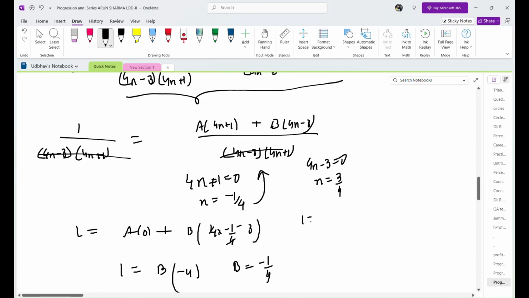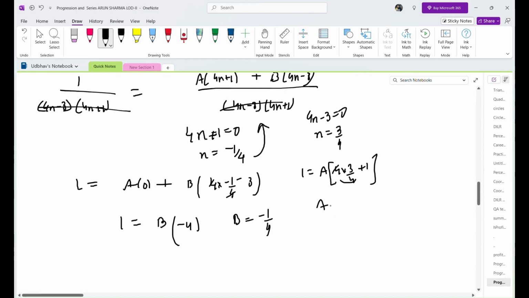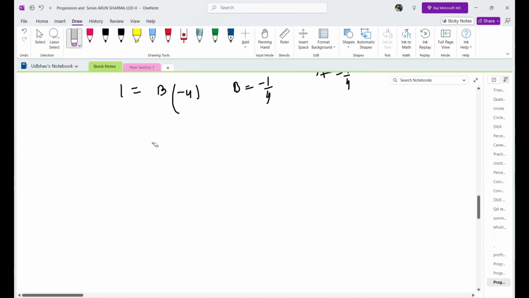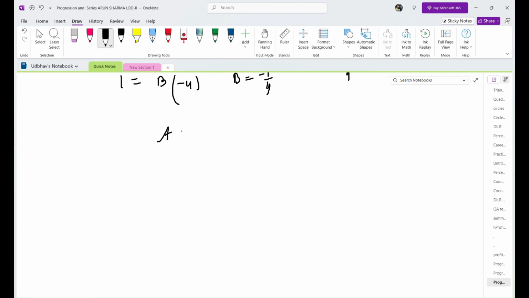So 1 equals to A into 4 into 3 upon 4 plus 1, A equals to 1 upon 4. Right? So what do we get? A equals to 1 upon 4 and B equals to minus 1 upon 4.